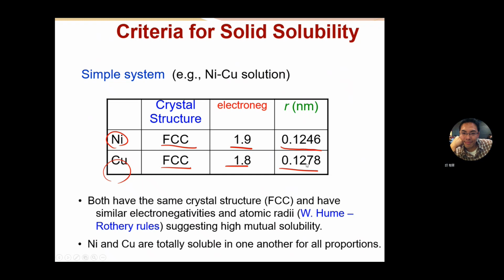Therefore, nickel and copper are totally soluble in one another for any proportions. Therefore this nickel copper alloy has unlimited solubility because we have the same size, same structure. I can replace you, you can replace me, right? So we have unlimited solubility.